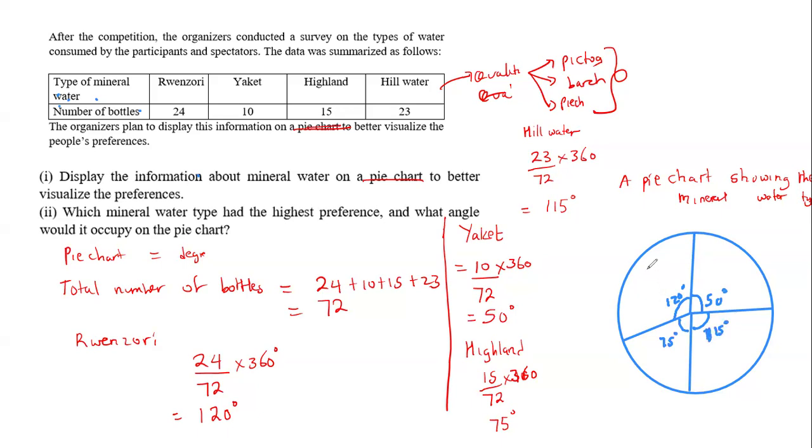Then after you label that, where there is 120, this is the Renzori. 50, this is the Yaket. 115, this is the Hill Water. And 75, this is Highland. So let everyone first finish. First finish to draw your pie chart.